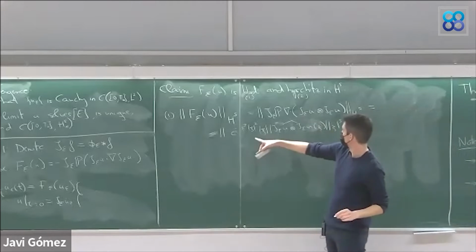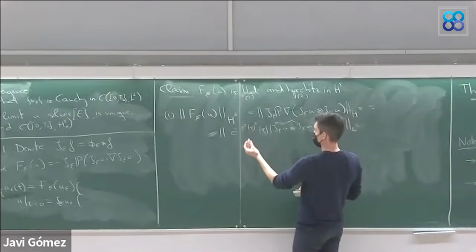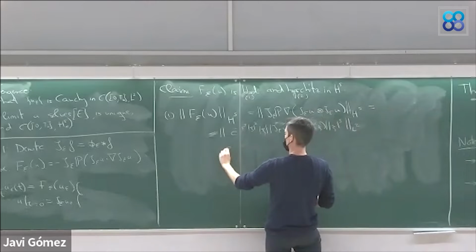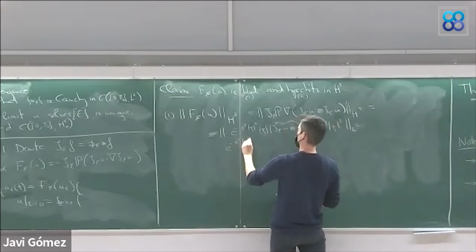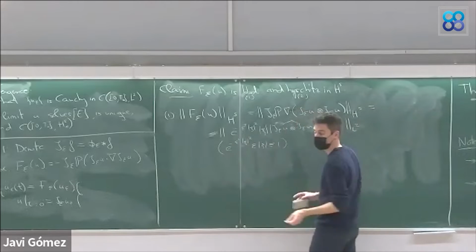Okay, and I want to get rid of the modifier, so we just use that this quantity is less or equal than constant.